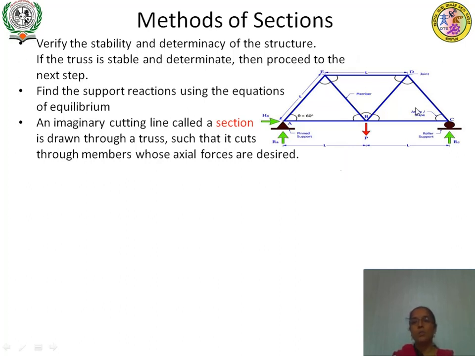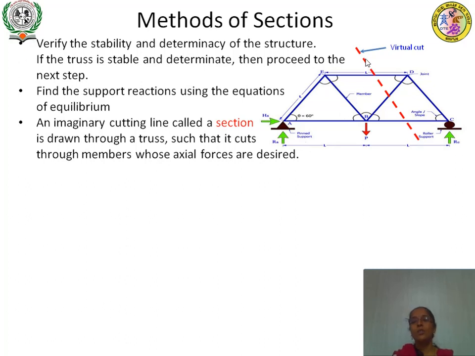Suppose in this problem we want to find member forces in ED, BD and BC, then we have to pass a virtual cut like this. This cut has to cut the members whose member forces have to be determined. Suppose I want to find forces in DE, BD, BE and AB, then you have to pass a section like this.